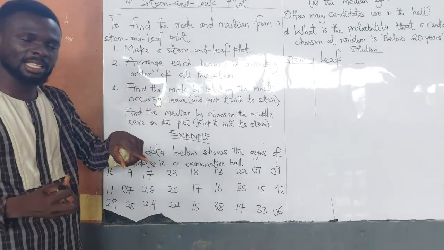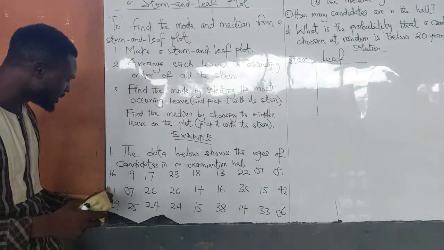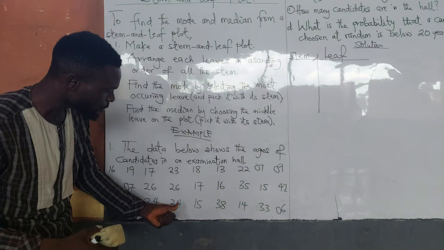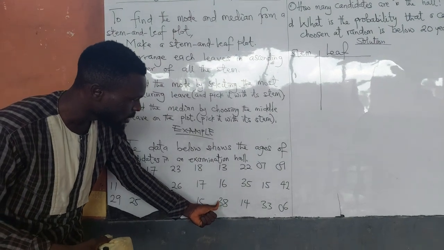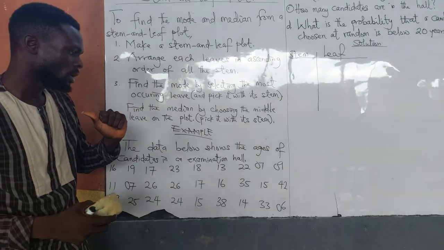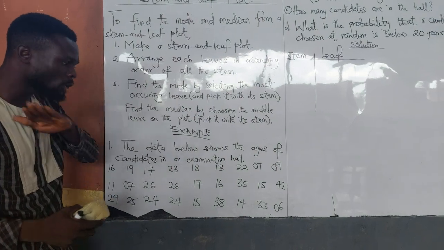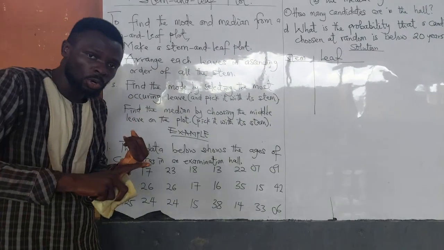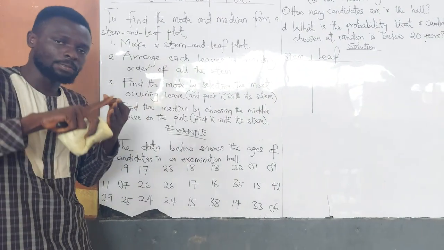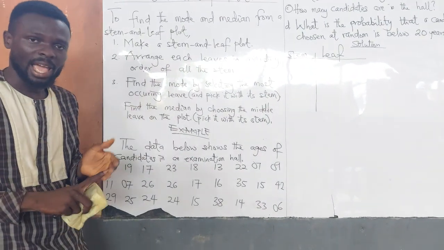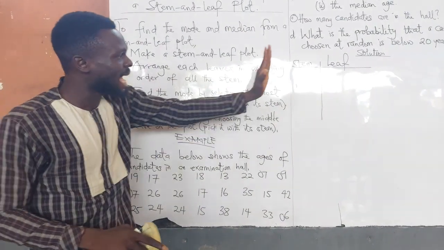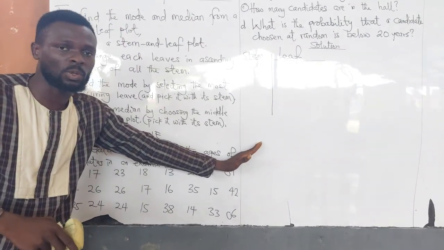So let's take the stems again. We have 1, we have 0, we have 2, we have 3, we have 4. Do we have 5? We don't have 5 in the stem. So the stems are 0, 1, 2, 3, and 4. We arrange them in ascending order, just as we did last week.